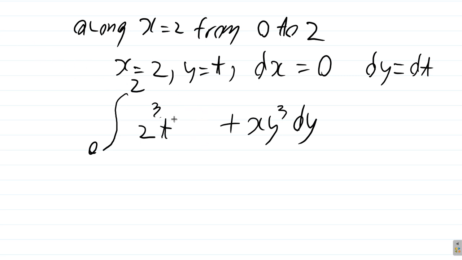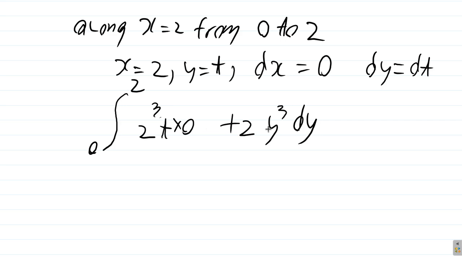So it's 2 cubed t times 0, plus x is 2, so this is 2 times y cubed.